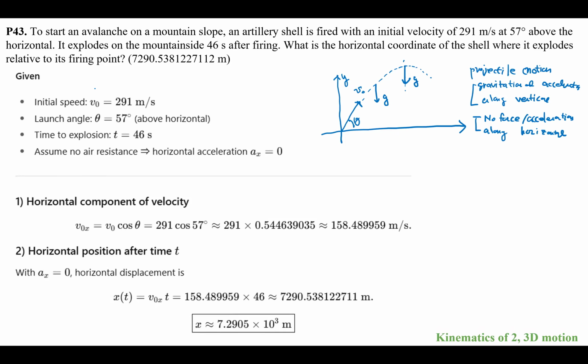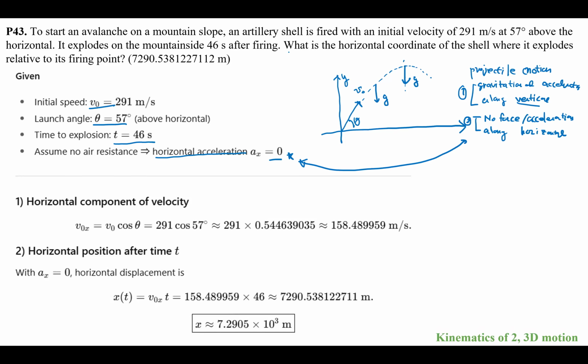So let's find out what the given initial velocity, launch angle, and time to the explosion are. The time to explosion is 46 seconds. And we are going to assume that the horizontal acceleration is 0. That's a very important thing. When you say it is a projectile, we are assuming two things: constant gravitational acceleration downward along the vertical direction, and no acceleration along the horizontal direction. That's what we need to keep in mind.